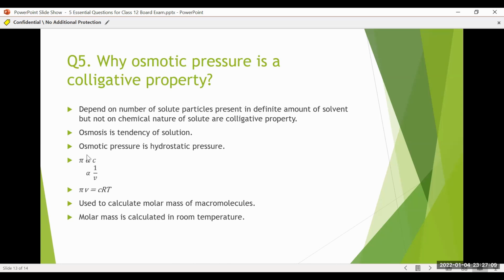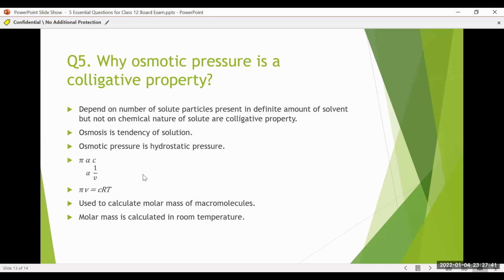So pi, the osmotic pressure, is directly proportional to concentration in terms of molarity, that is C. So pi is proportional to C. As we know, molarity is equal to number of moles of solute upon volume of solution in liters. So we can write N upon V. We are considering N equal to 1.